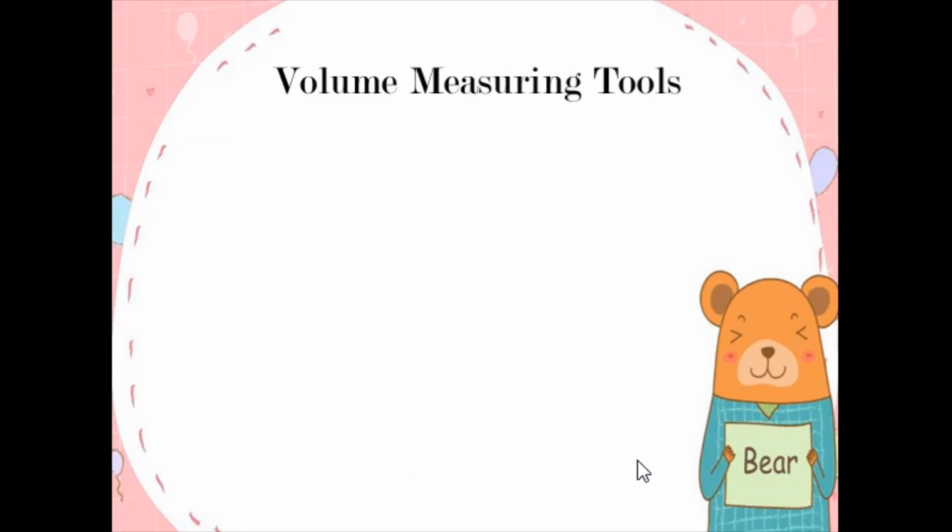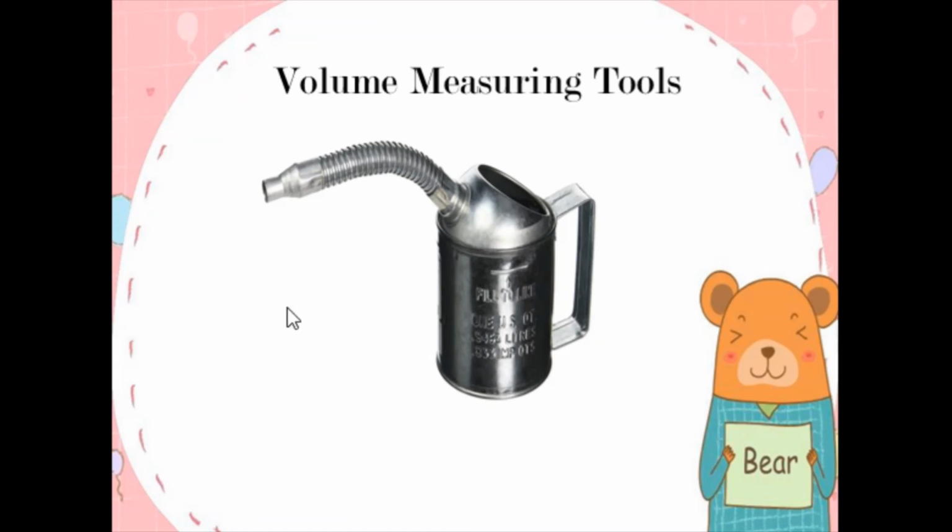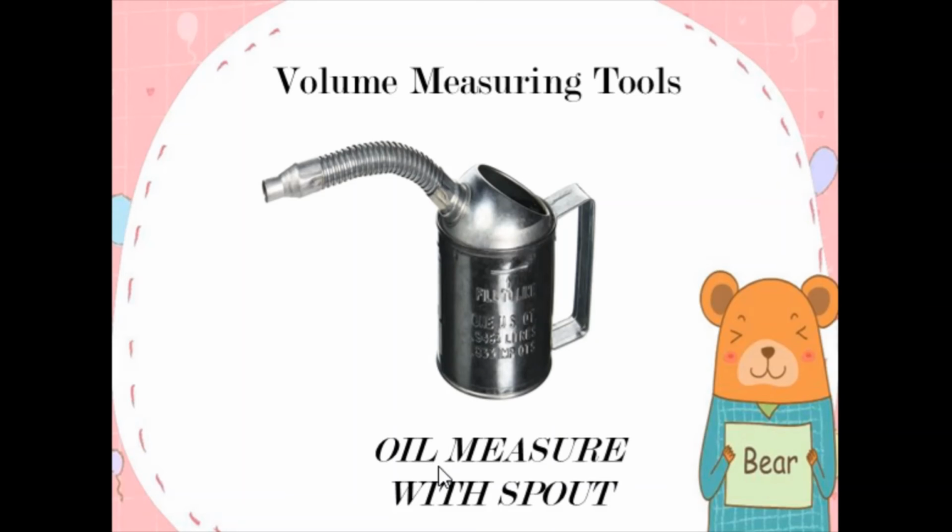Let's have one more. Another tool for measuring liquid goods is this one. This is called an oil measure with spout. Again, it's called oil measure with spout.